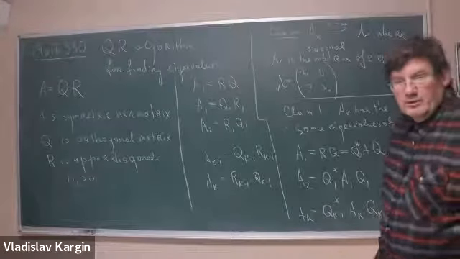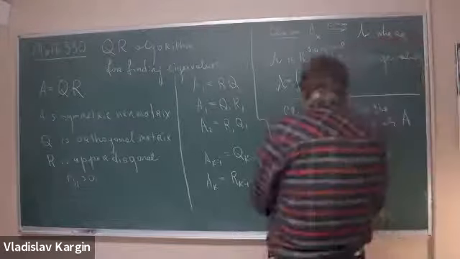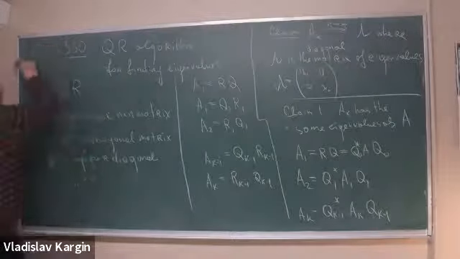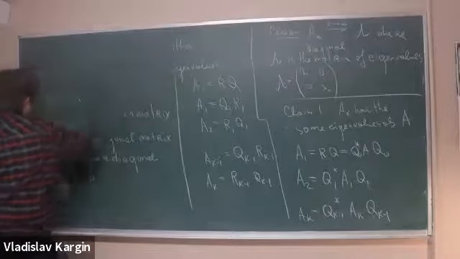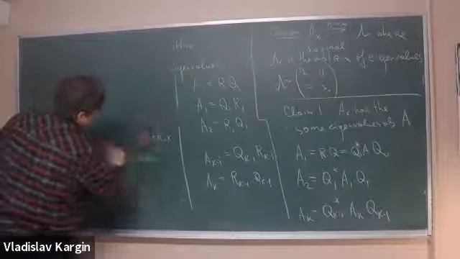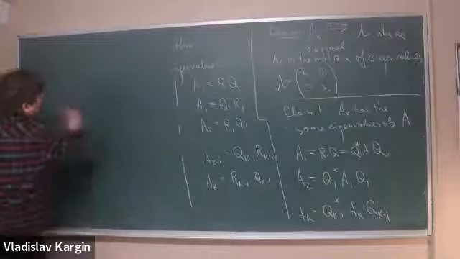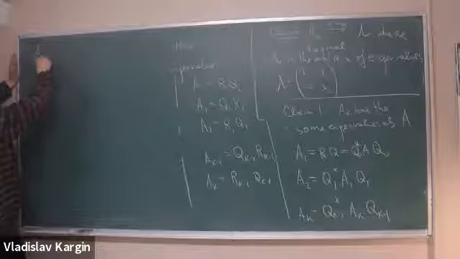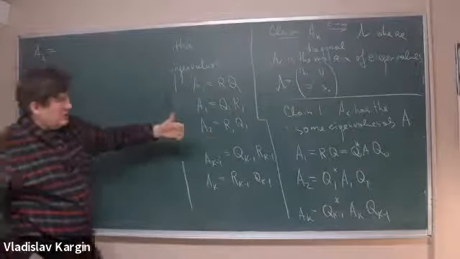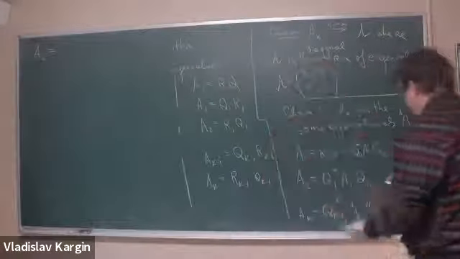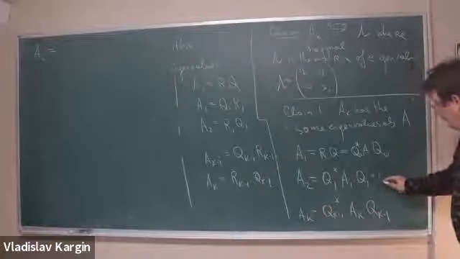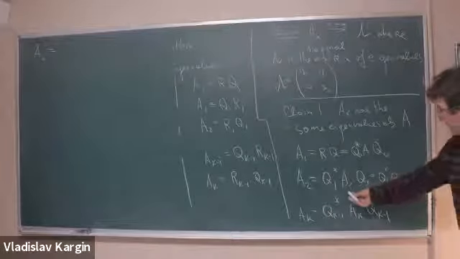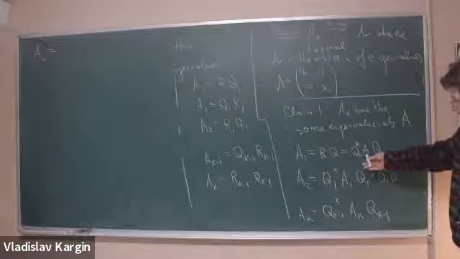And from this it also follows that we can express AK. For example, it would be Q1 star Q0, and after that we plug in the expression of A1 in terms of the original.